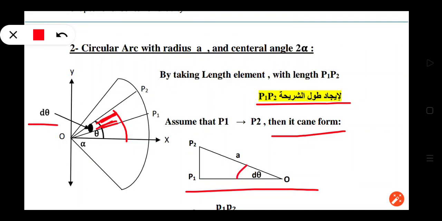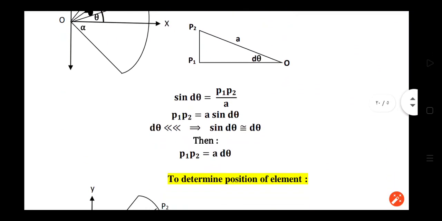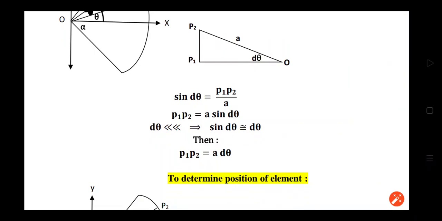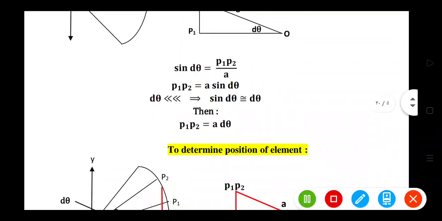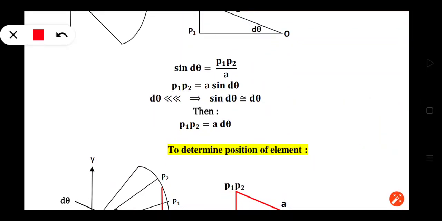So we can find sine d theta equal to B1B2 over a, and B1B2 equals a sine d theta. As d theta is very, very small, sine d theta is equivalent to d theta. Then B1B2 can be written in the form a d theta.